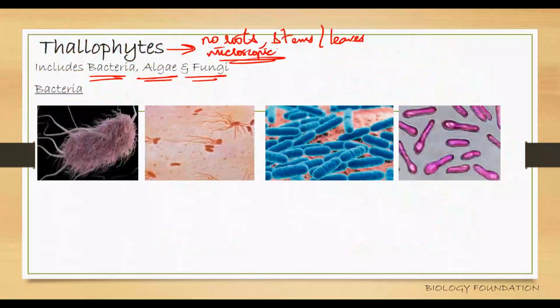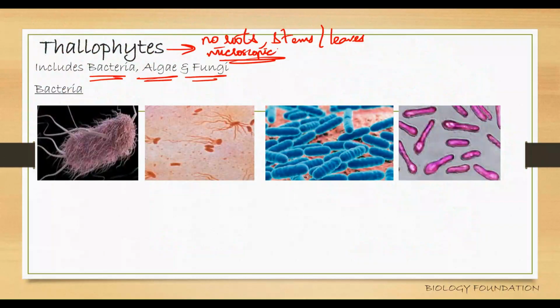Now let's understand what are thallophytes. Thallophytes, the members of this group, do not have roots, stems, or leaves, and they are usually microscopic.